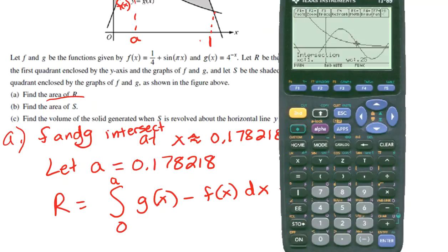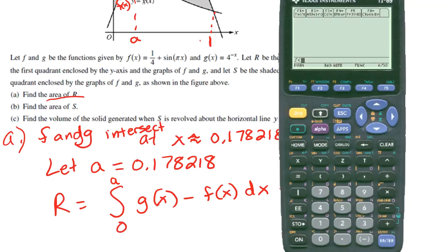So with our TI-89s, you could do some integrating elsewhere, but I think we might as well go to the home screen. And we're going to do the Shift 7 to get an integral, or remember you can find that in the Calc menu.